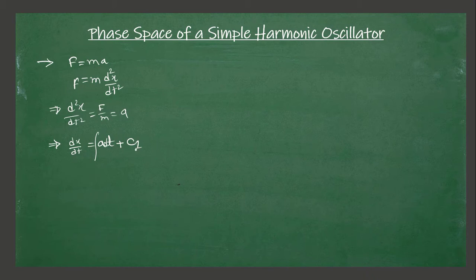Let's call it c1. Now, as you can see, c1 is actually a velocity, right? So one constant of integration is velocity. And what is this velocity? Well, you'll see this is just the initial velocity.